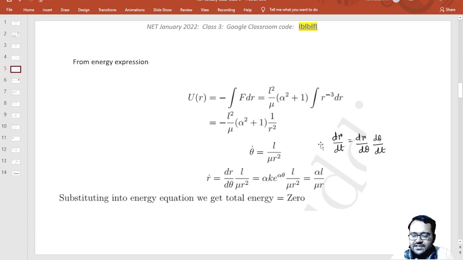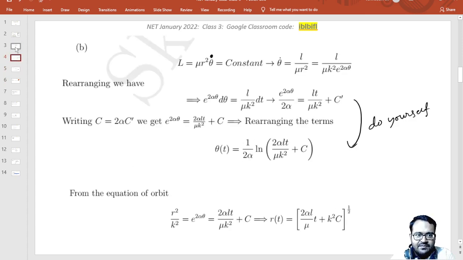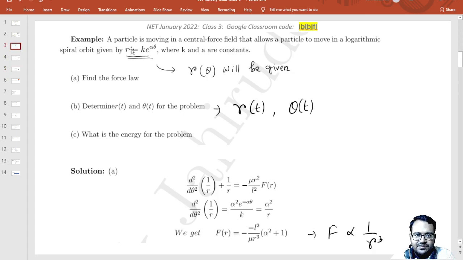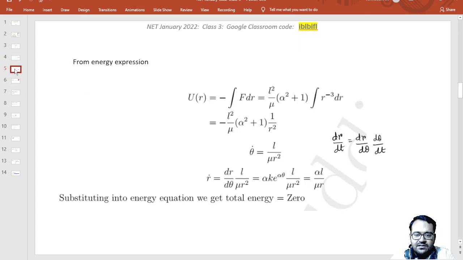Dr d theta you know, because you know r as a function of theta, that is k e to the power alpha theta. So you can find dr d theta easily, and d theta dt you know. So here you get r dot.